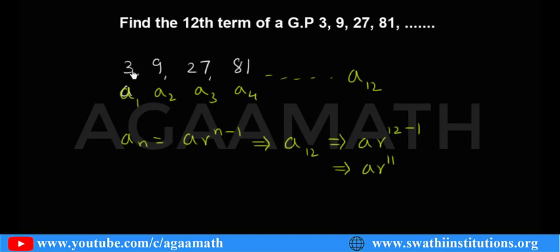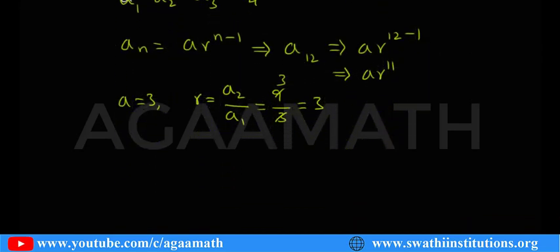We know what a is. A means the first term, so a equals 3. Now we have to find r. R is nothing but a2 by a1, very simple. A2 is 9 and a1 is 3, so 3 ones are 3, 3 threes are 9, so r equals 3. Now we know a and r, so just substitute.